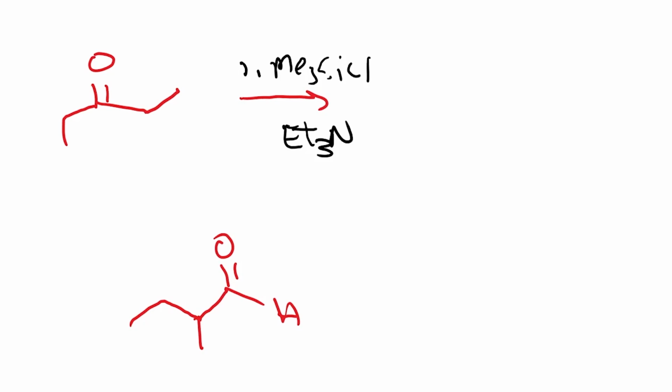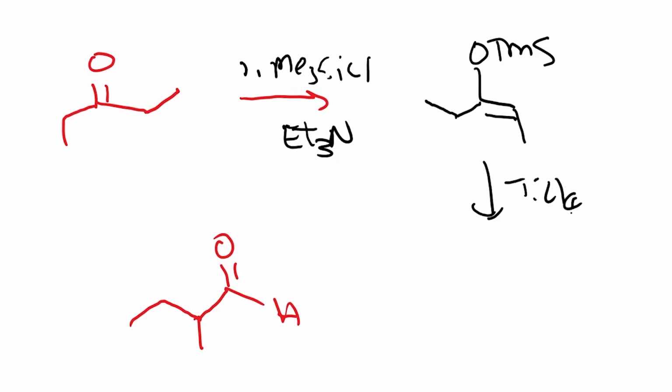Okay, and this is going to generate the TMS enol ether, right? And then the next step would be to react it with this aldehyde in the presence of titanium tetrachloride. And that's going to give me the aldol product. And I would urge you to draw it out yourself. That will be, of course, number one would be this, and number two would be water.